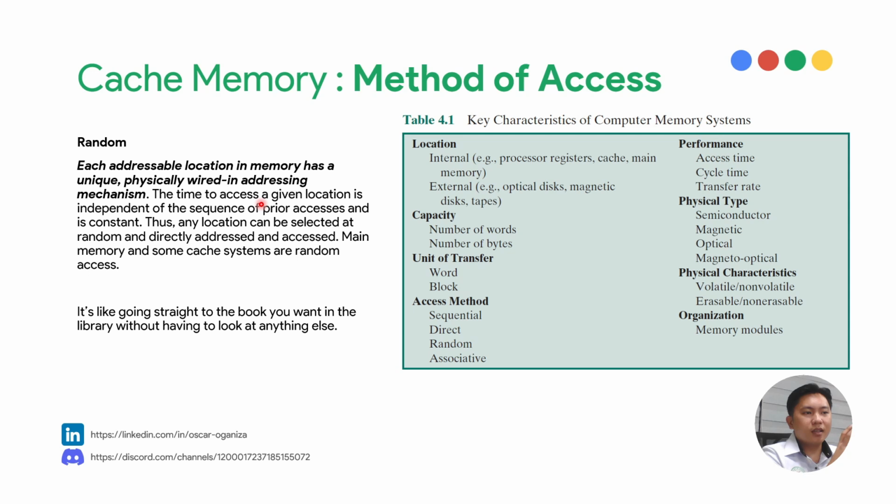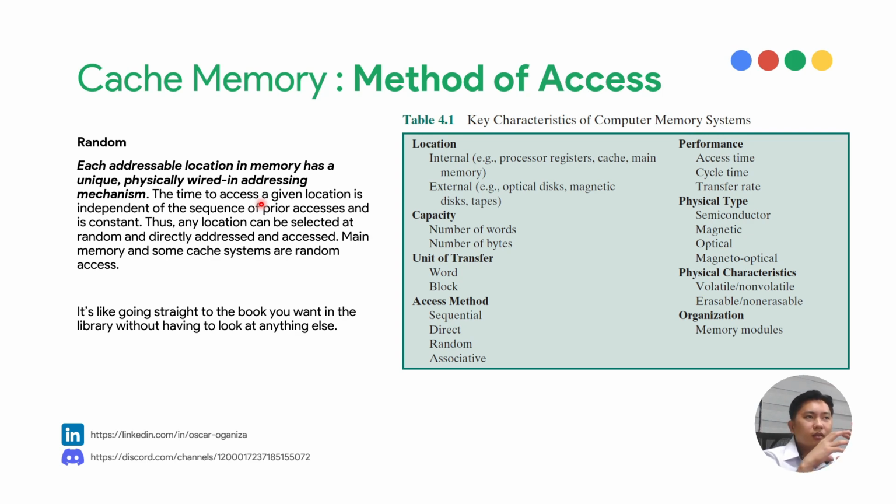Okay? Kasi meron na siyang specific address, physically wired-in addressing mechanism. The time to access a given location is independent of the sequence. Wala siyang pakialam kung anong sequence pa siya, kasi meron na siyang physical address na pwede niyang puntahan kaagad. No? Any location can be selected at random and directly addressed and accessed. Kung nasa page 99 yung data mo, pumunta ka ng page 99.